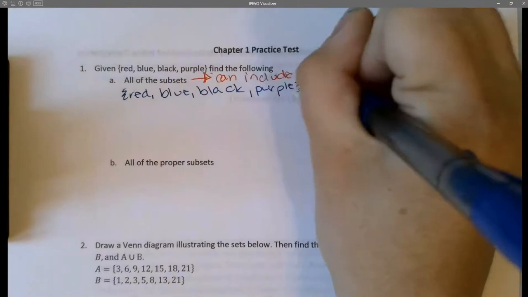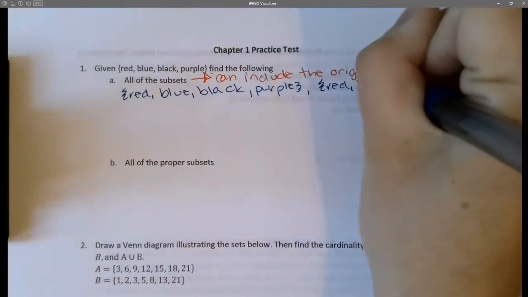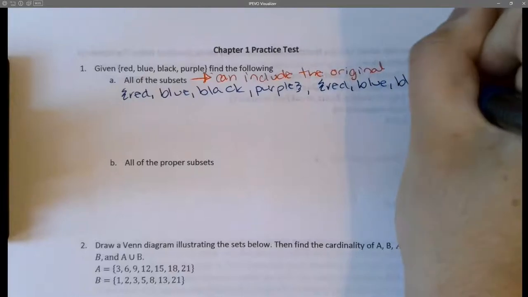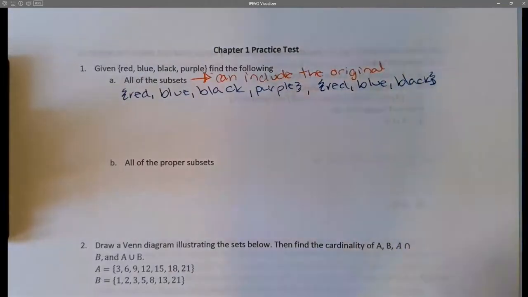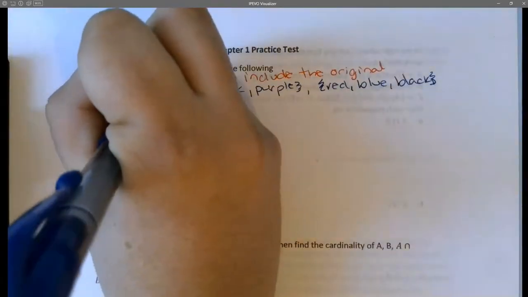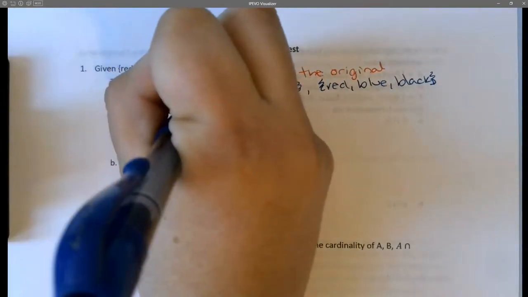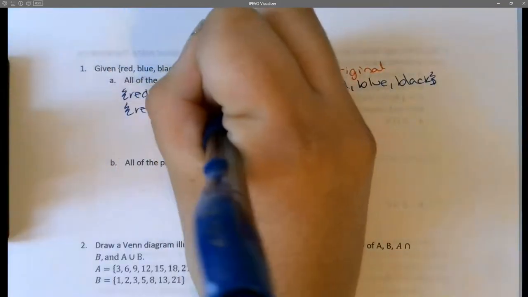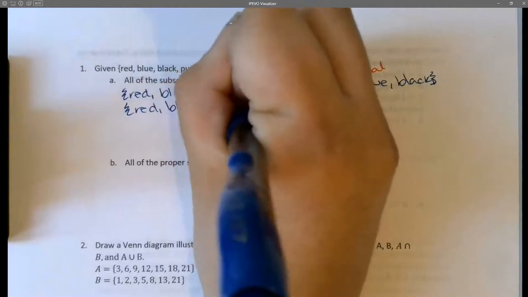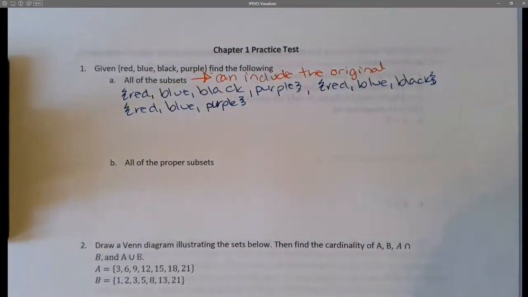Okay. Then I want to start by writing my sets of 3. So I'm going to start by red, blue, black. That's 3 colors. Then I'm going to do red, blue, purple. Okay. Then, so those are all of the red, blue ones.